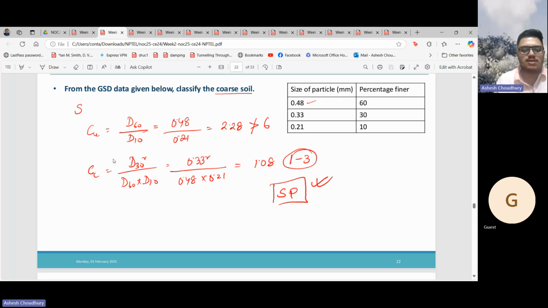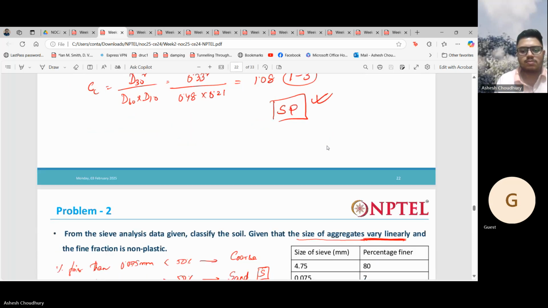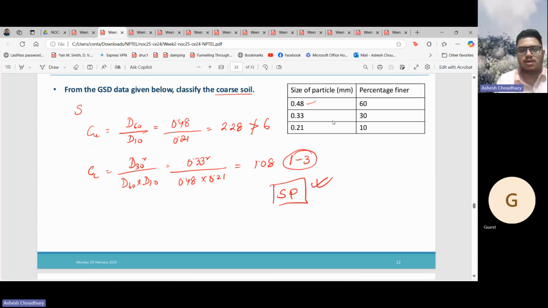Then we just have to calculate Cu and Cc to determine whether it's poorly graded or well graded soil. There is no question of clay here, because none of the fraction is smaller than 75 microns.